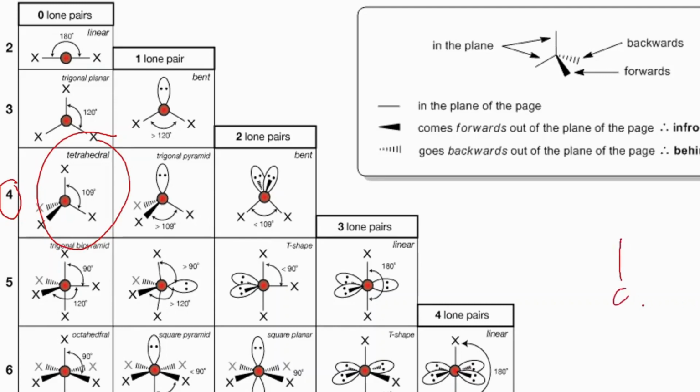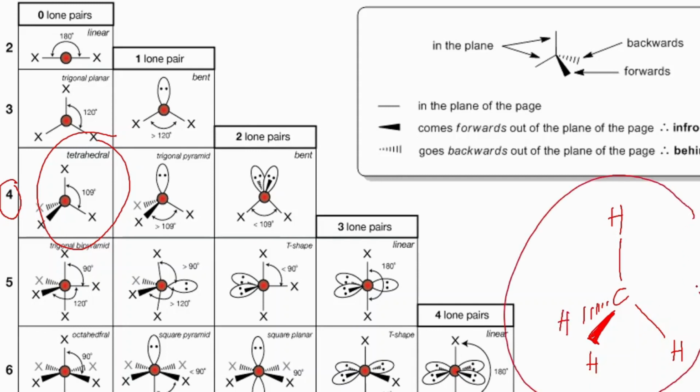This is carbon, and these are hydrogens. This line means it's on the plane, on the flat surface. This wedge line means that this bond is coming out toward you, going forward. And this one is going behind the paper, that's the H.